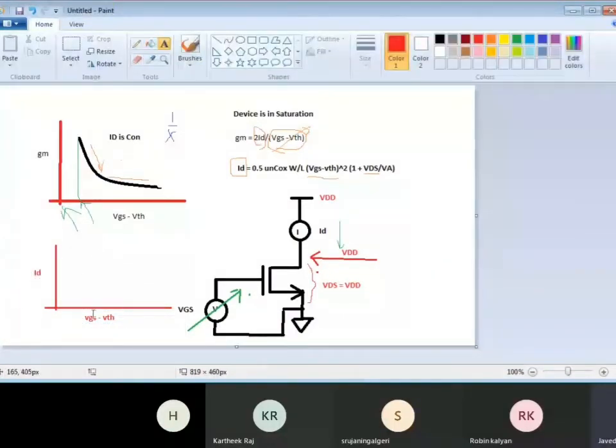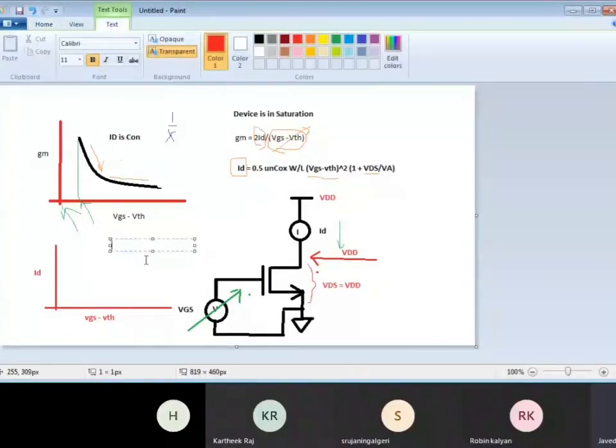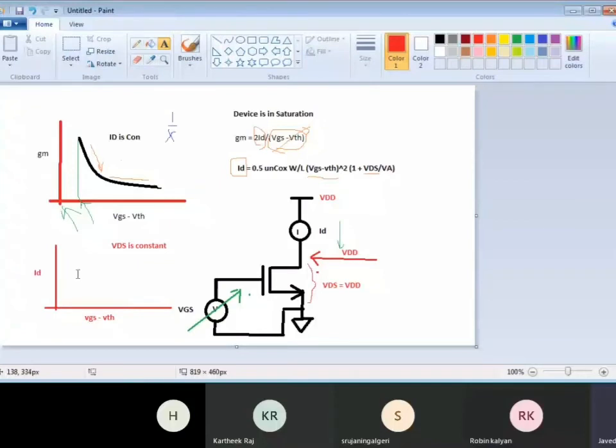Here you are not keeping anything constant. You are only varying VGS minus VTH. In this case, the constant parameter is going to be VDS. Now, in this condition, how will the graph look? Square factor, kind of parabolic, right?